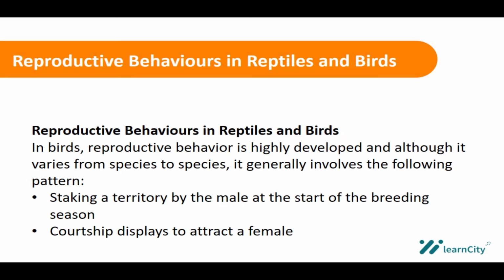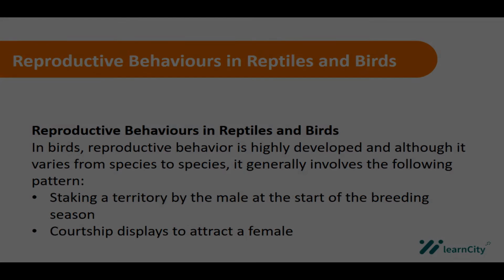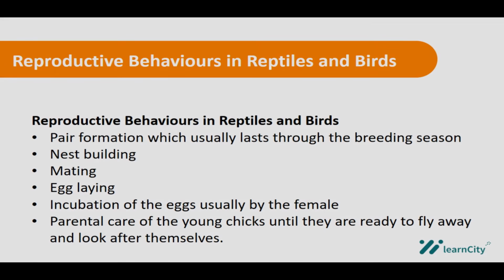The various males stake their territory. Then after staking their territory, there are courtship displays to attract a female. Then also pair formation. That means the birds form pairs, each with a male and a female.